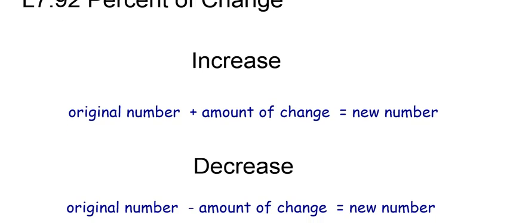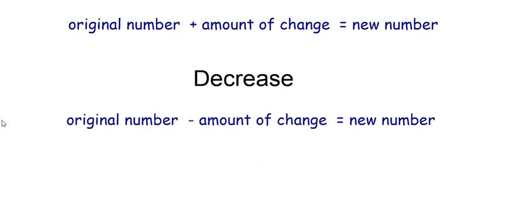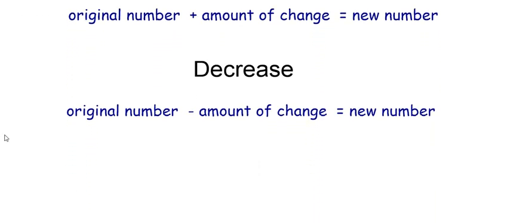And of course, if we were going to go the opposite direction and decrease, we would do something very, very similar. We would find ourselves with the original number, the amount of change. This time we're decreasing, so we're going to subtract, and then we're going to end up with a new number. Let's take a look at what this would look like then in different types of situations.